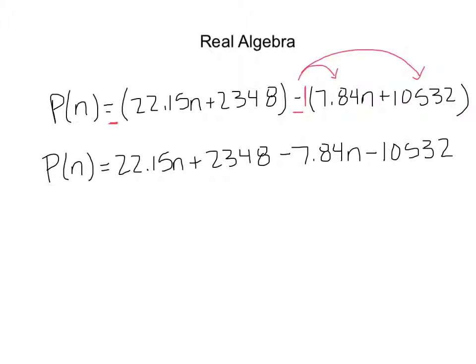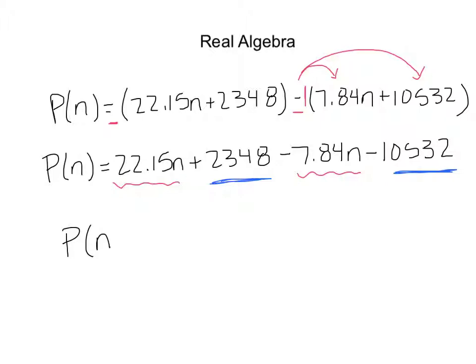We had to distribute that negative to both parts because we need to subtract both parts of our expenses. Now, if we're looking at this, I see that I have some like terms. These are both n's. And these are both numbers. We can put our n's together and we can put our numbers together to get our final profit function.